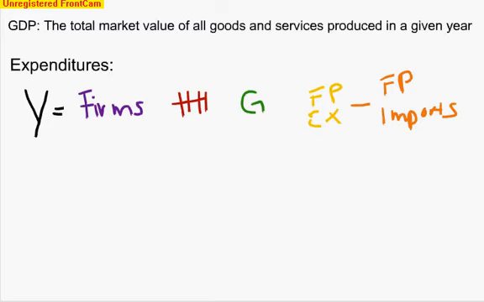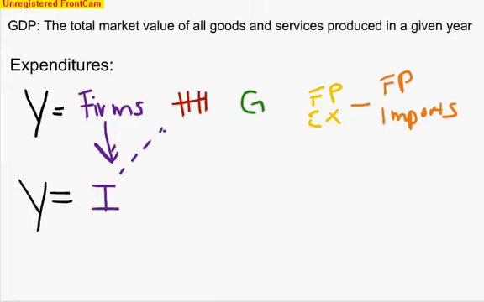So what economists are going to do is they're going to call this, that firms spending money on goods and services, they're going to call that investment. And households also do make investments when they purchase new homes, things like that, new property.